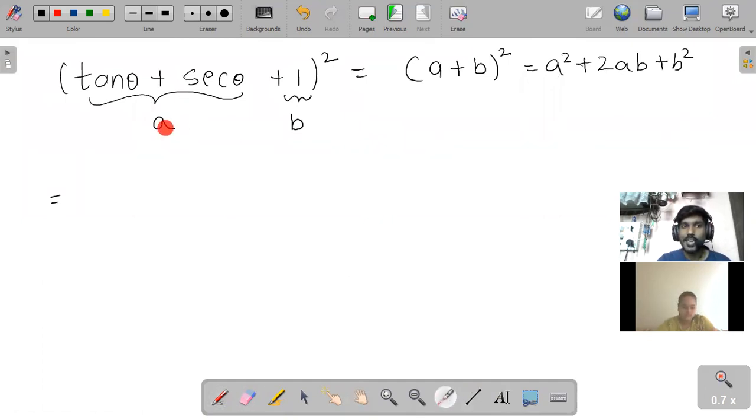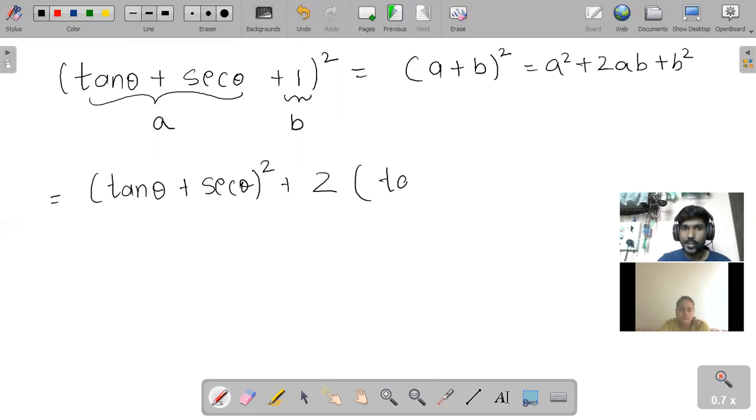Okay, so A is tan theta plus sec theta and B is 1. So let's use this formula and expand it. You'll have A square, that is tan theta plus sec theta square, plus 2A, that is tan theta plus sec theta, into B, that is 1, plus B square, that is 1 square.